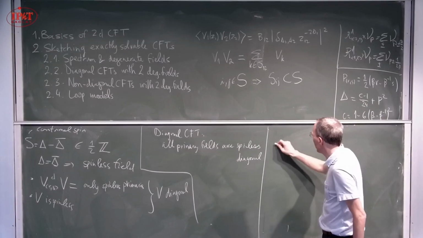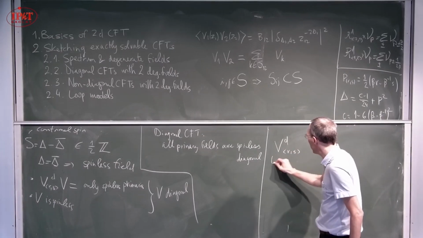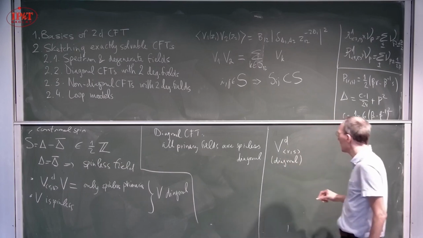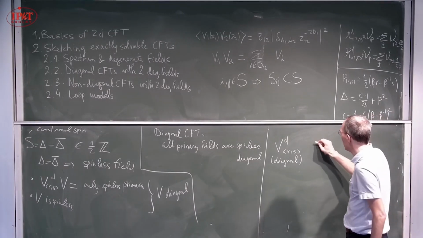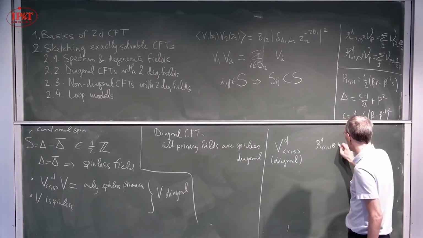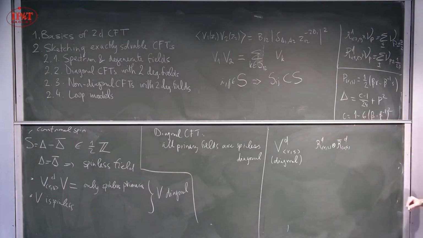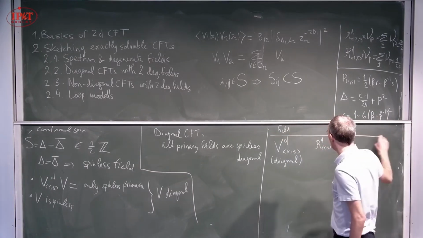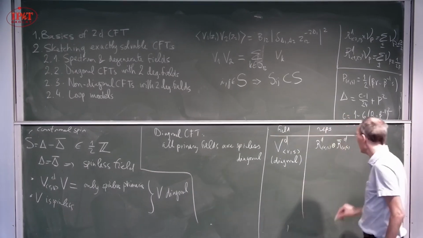So we start with the degenerate fields. And by degenerate, I mean diagonal and degenerate. So a field which belongs to a degenerate representation here on the left, but also the same degenerate representation on the right. So these are fields in the first column and the representation of the conformal algebra then.